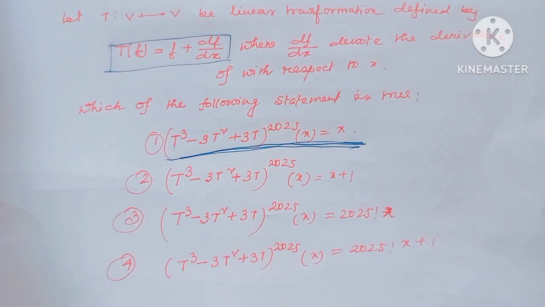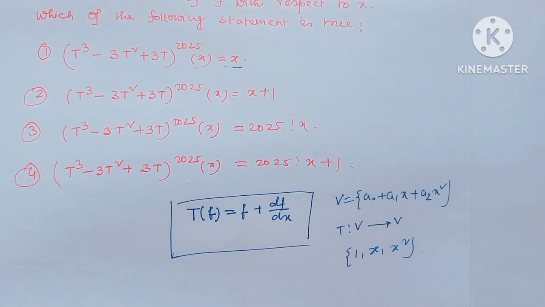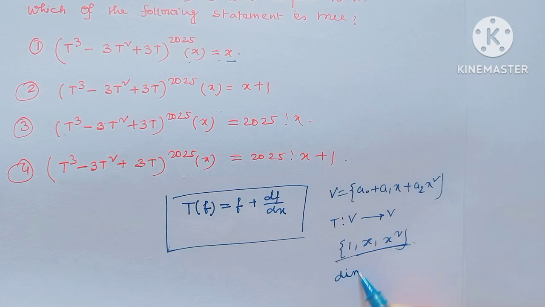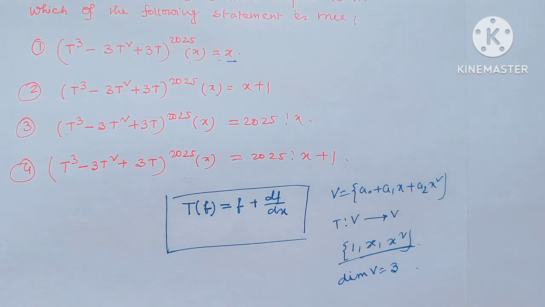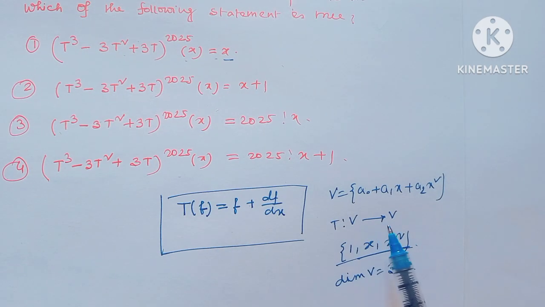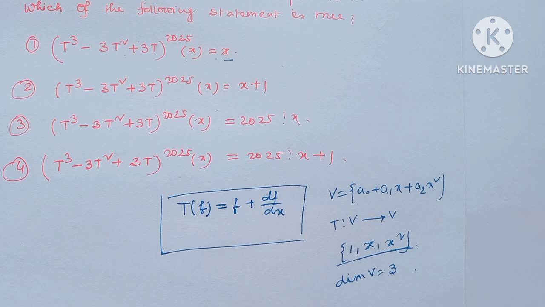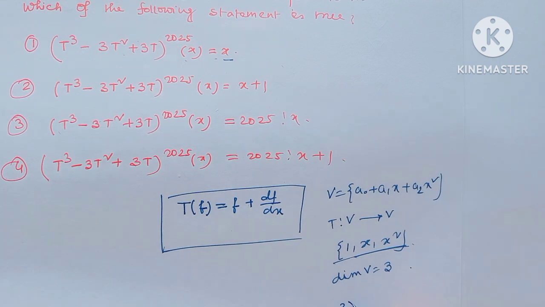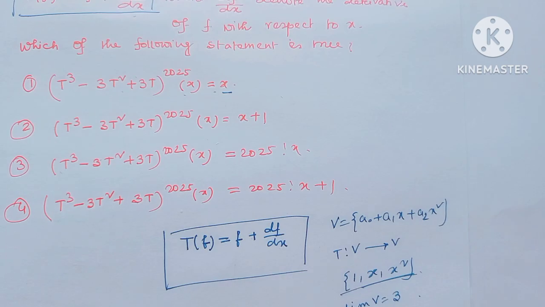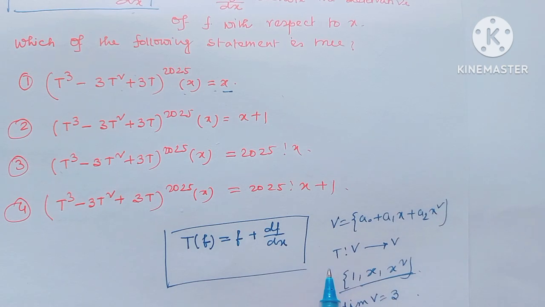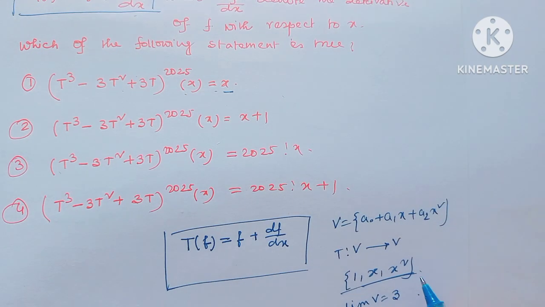Now let's see which of the following are true. Since V is generated by 3 basis elements, the dimension of V equal to 3. Since T is a mapping from the vector space to the vector space, the matrix with respect to this linear transformation would always be of 3 cross 3 type. Here T f equals f plus df/dx. So we have to find the matrix representation with respect to the basis 1, x, x square.